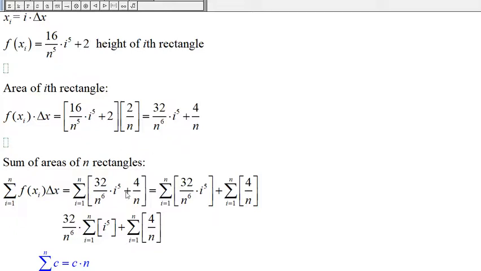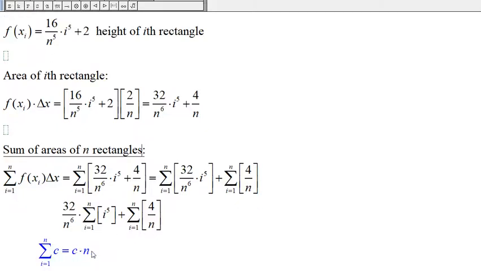And then the summation of a sum is just the sum of summations. 32 over n to the 6 is constant, so we just put it in front of the summation notation. And then this is the summation of the constant 4 over n, because the summation is with respect to i. In this expression, there's no i, so we can think of it as constant. And the summation of a constant is just the constant times n. And so this expression is just 4 over n times n.